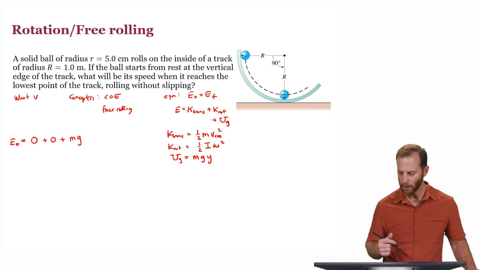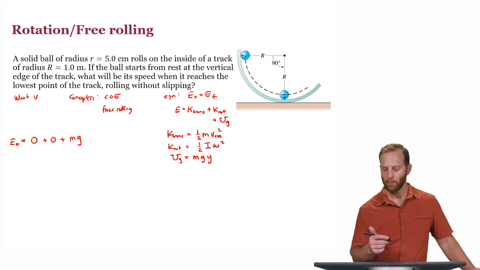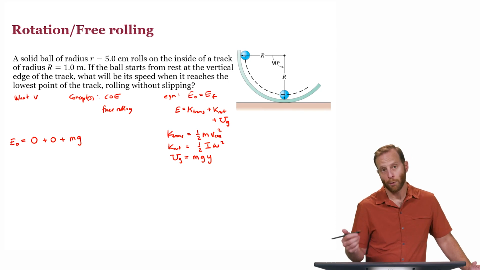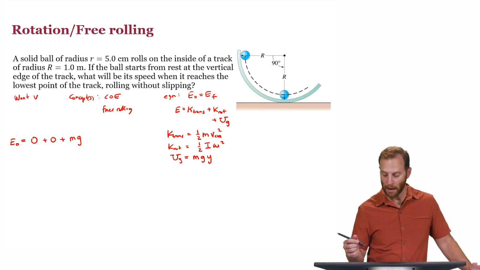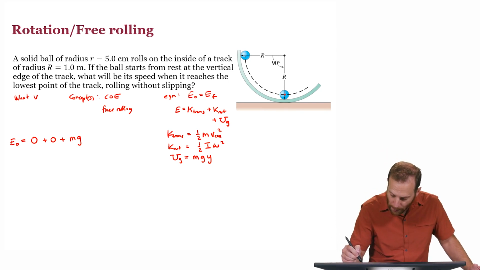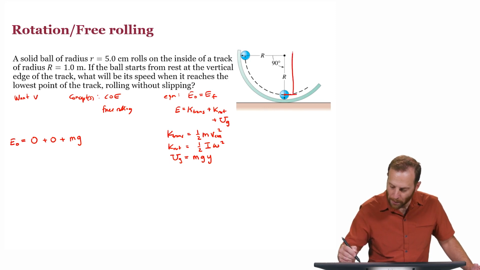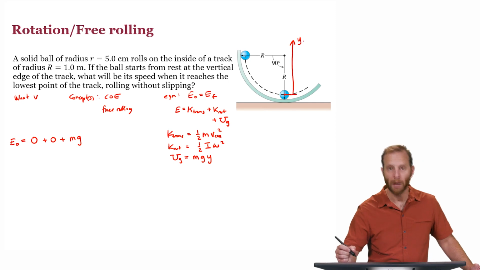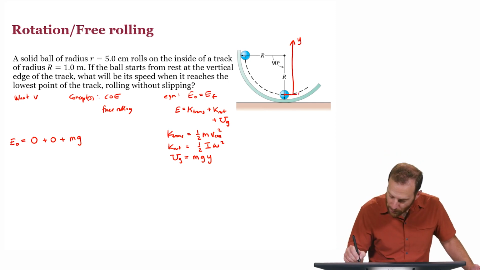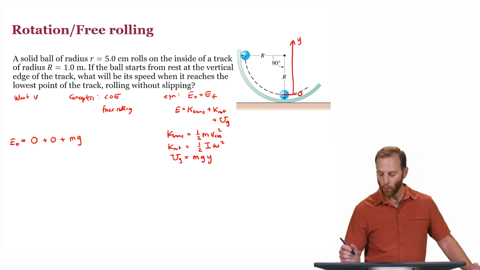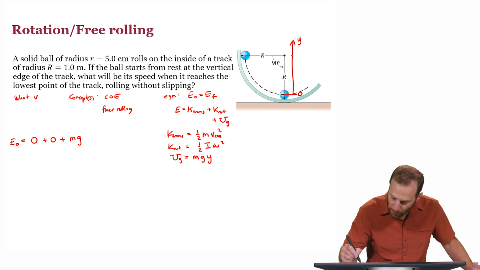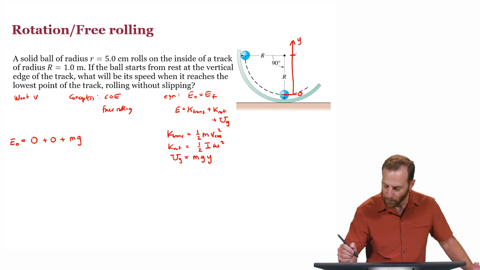And here's where I need to be careful. Where do I want to put my 0? If we want to track the motion of the center of mass of the ball, then I'll put a dot here. And I'll let the bottom be a position of 0. Now what that means is that the initial position of the center of mass is up here.